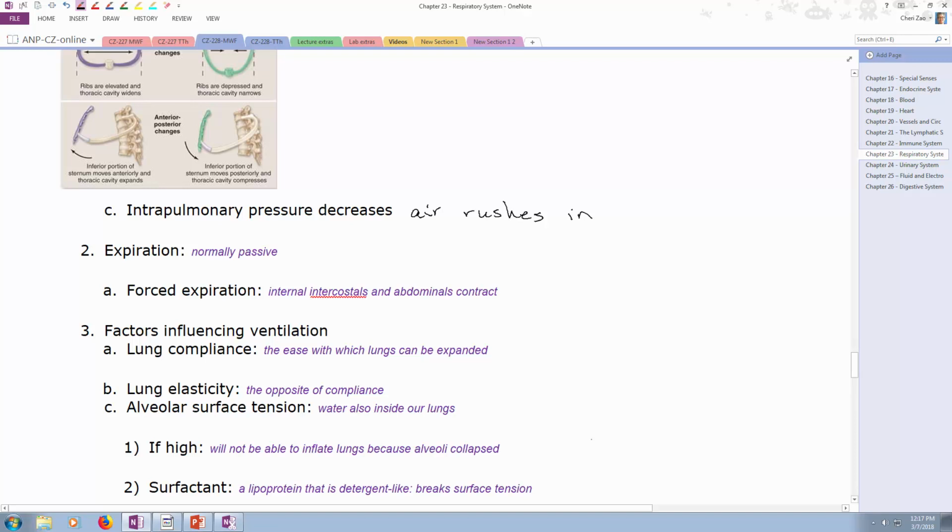If we want to forcefully blow something out, we will use internal intercostals and our abdominal muscles will contract. And what this is doing for us is pulling our rib cage down, decreasing the volume in a forceful fashion, so we actually can push air out.